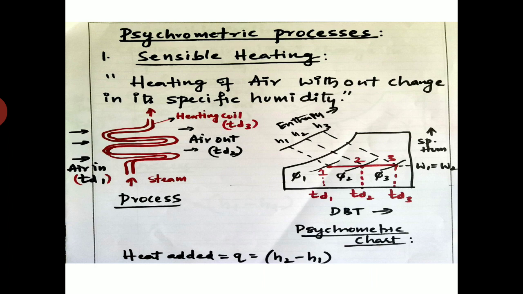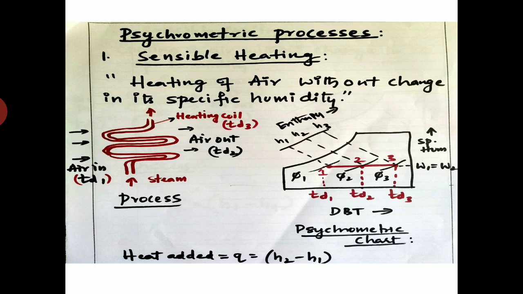Then we can refer to the enthalpy values H1, H2 corresponding to the wet bulb temperature lines.